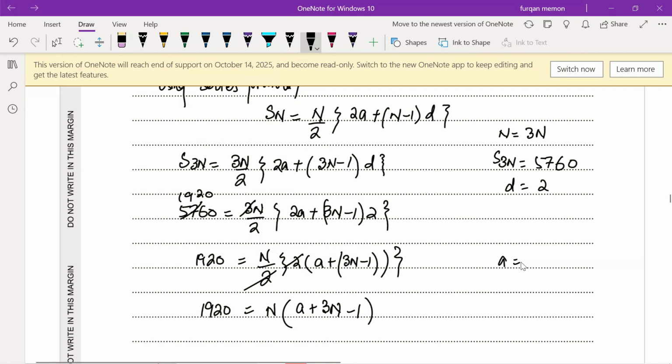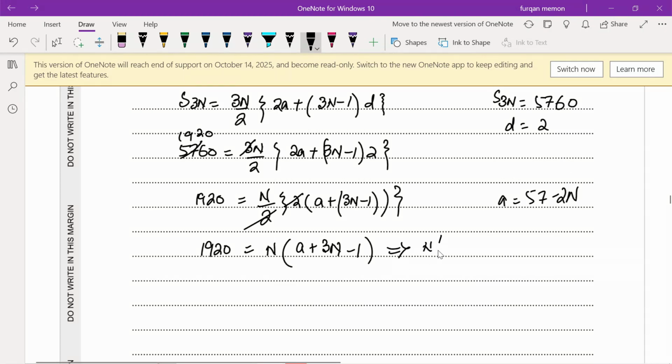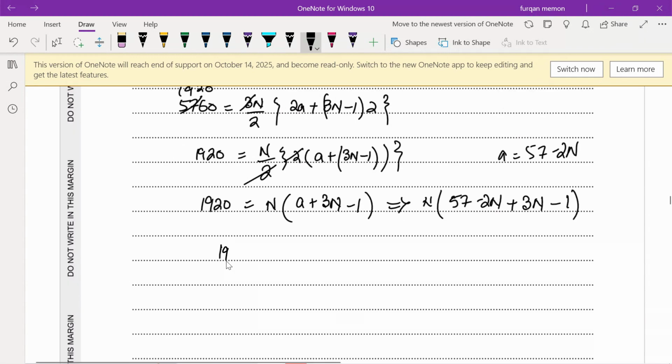Plugging this value of a in, we have 1920 equals n times (57 minus 2n plus 3n minus 1), which is n times (56 plus n). When we multiply, we have n squared plus 56n equals 1920.